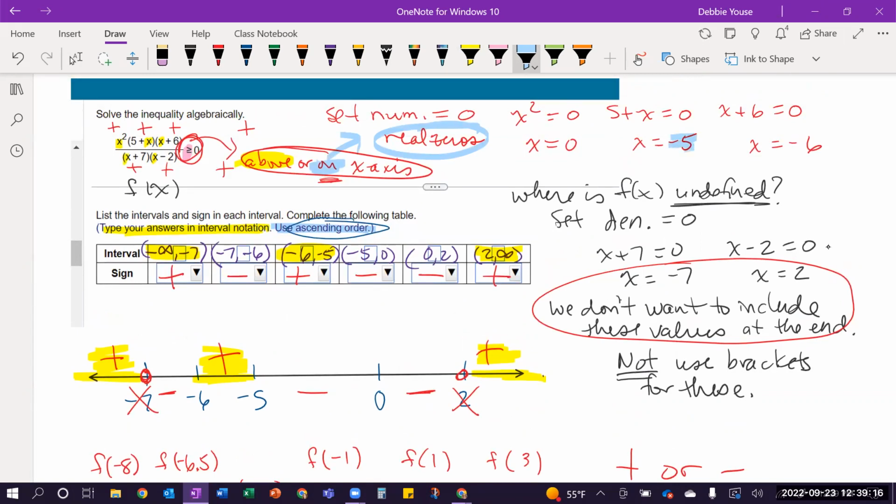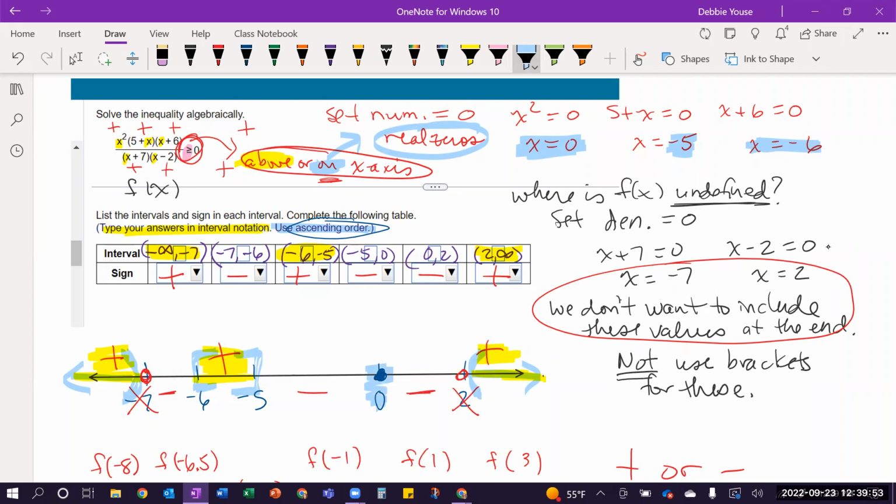So -5, I would have to have a bracket here, and -6, I could have a bracket here, but -7, I'm not including, so that would be a parenthesis. And then the 2 is not included, so that would be a parenthesis to infinity. But then I have to include just the point at 0. So there would be just a solid filled in point that I can include there.